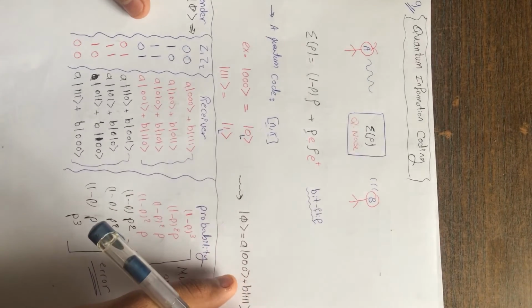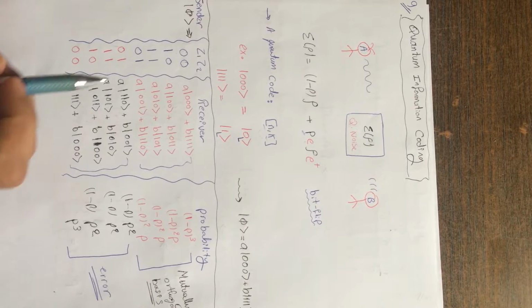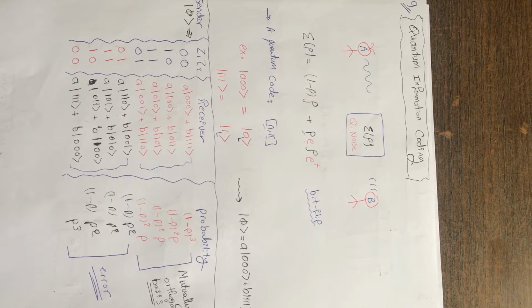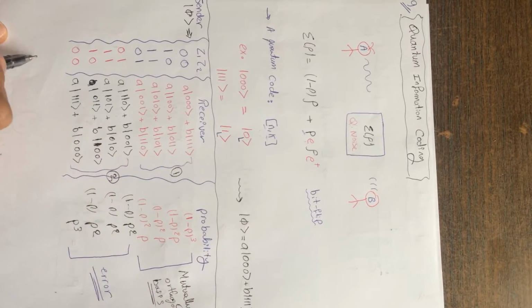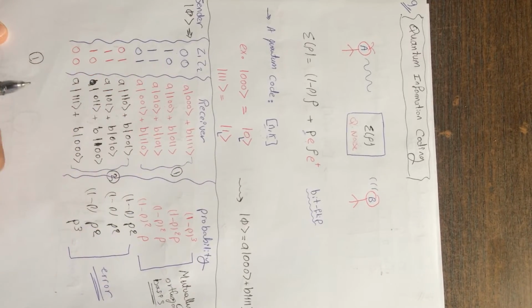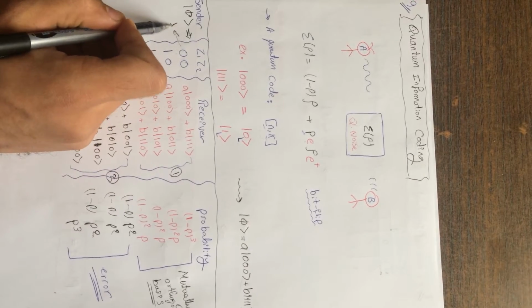Let's say that this is batch number 1 and this is batch number 2 for errors. For batch number 1, here you apply I, nothing.